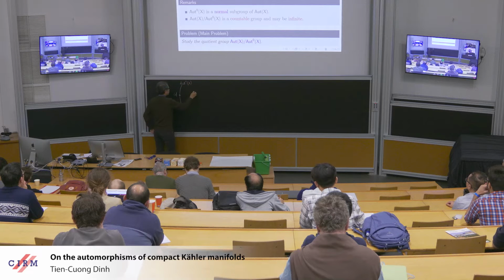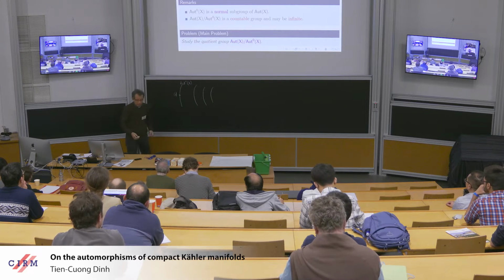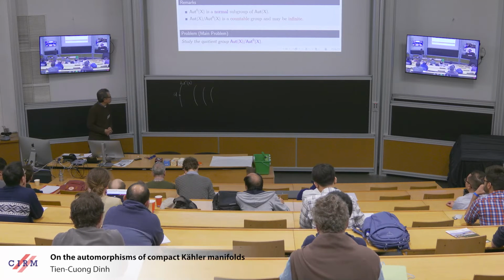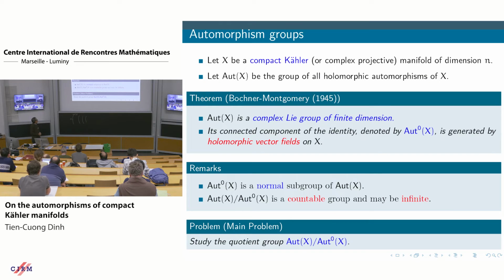And you might have many components, a finite number or a countable number of components. So Aut_0 is a normal subgroup of Aut(X), and then you can consider the quotient, which is a countable or finite group.